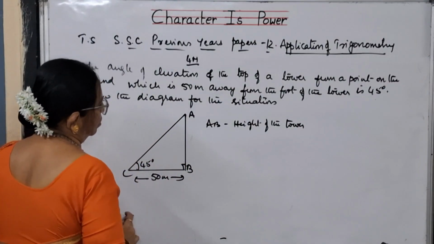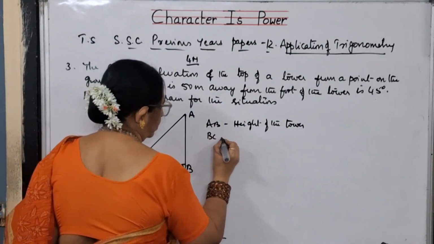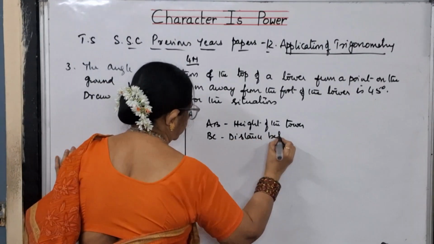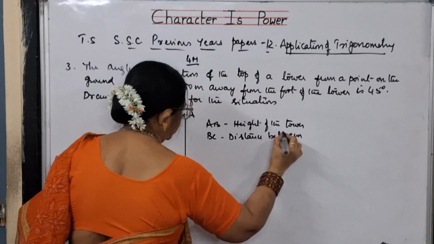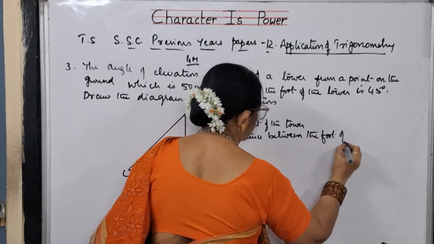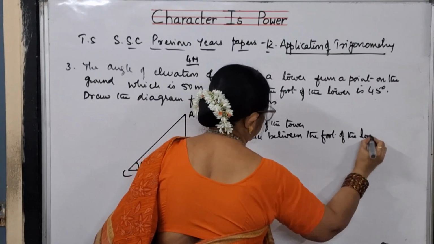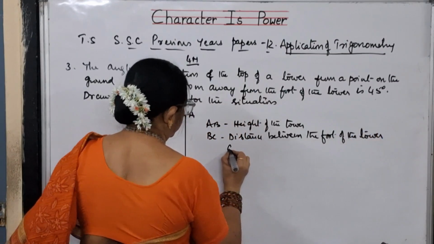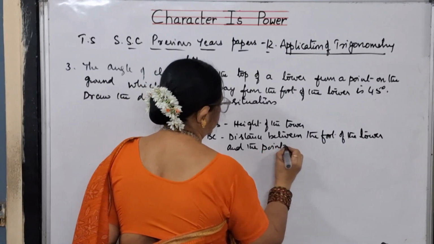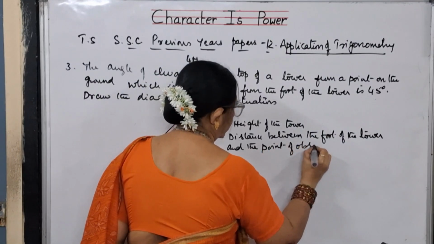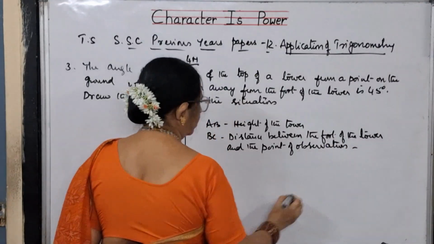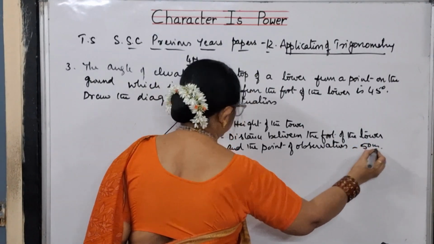Okay. Next, BC. Distance between the foot of the tower and the point of observation. How much is it? 50 meters.